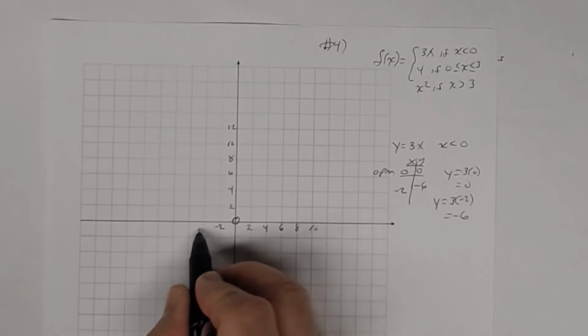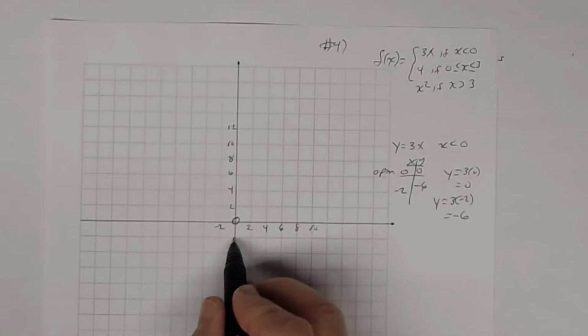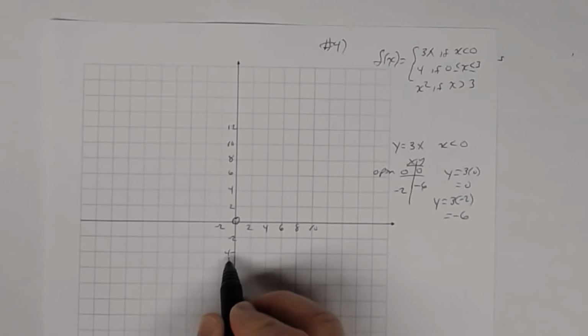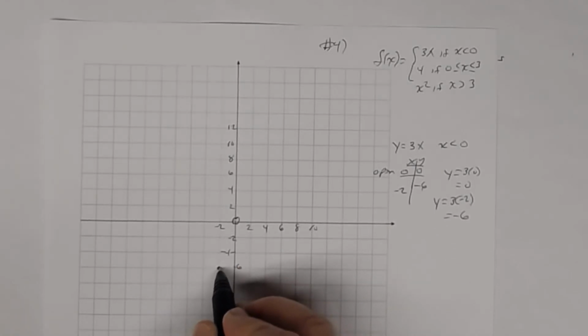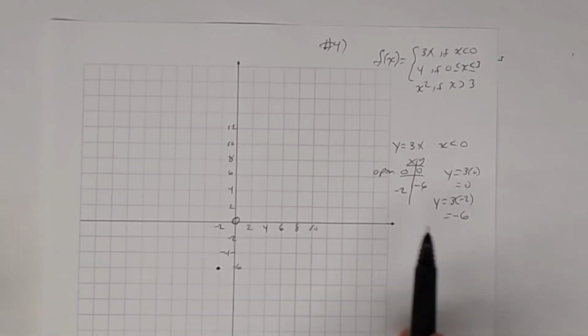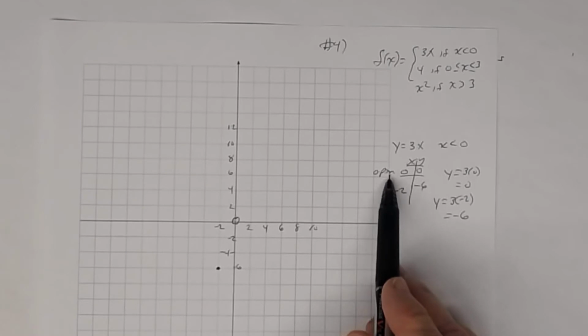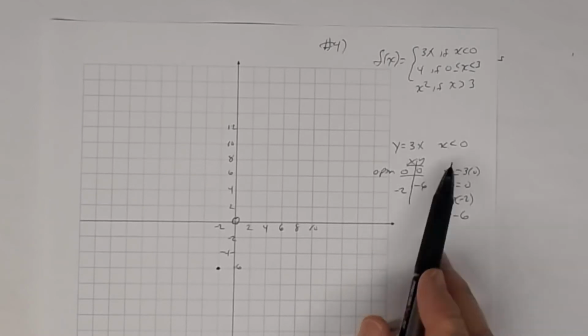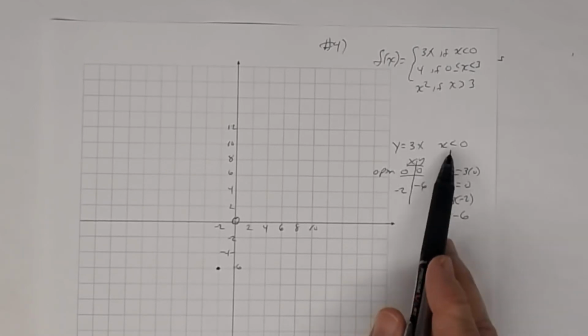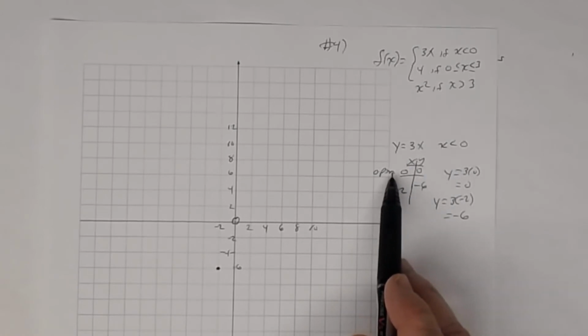So here's negative 2, negative 4, negative 6. So here's the point right here. Negative 2, negative 6. And notice the only word open was here because negative 2 is in the domain. 0 was not in the domain, so that's why I put the word open. Make sure you understand that.